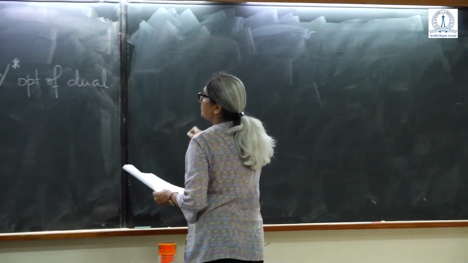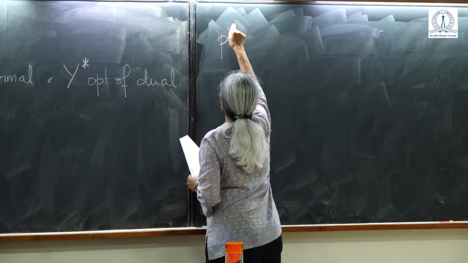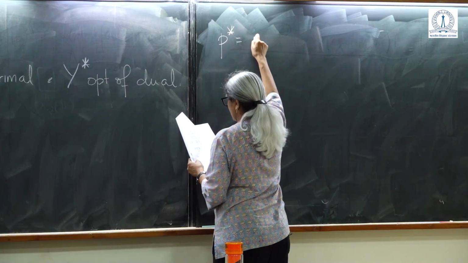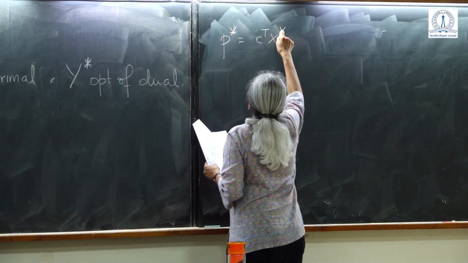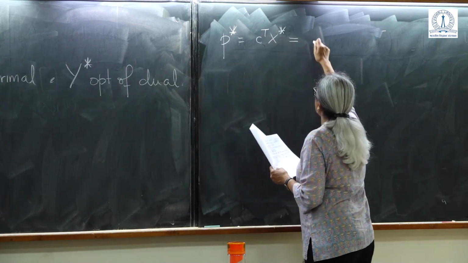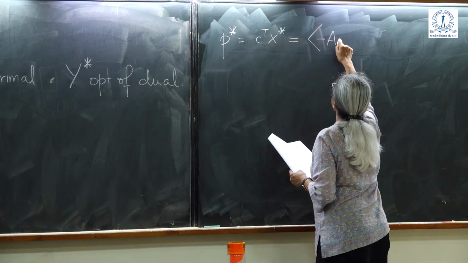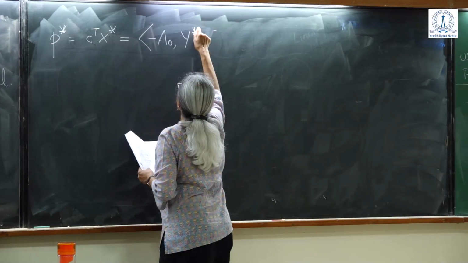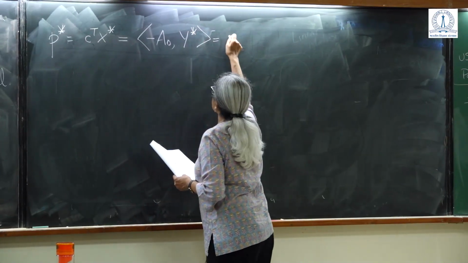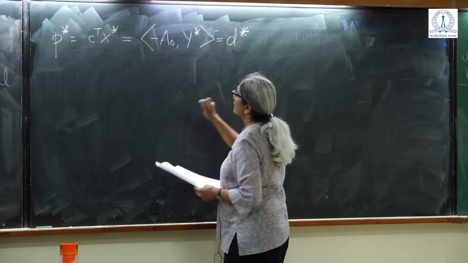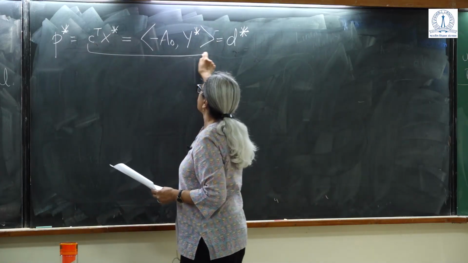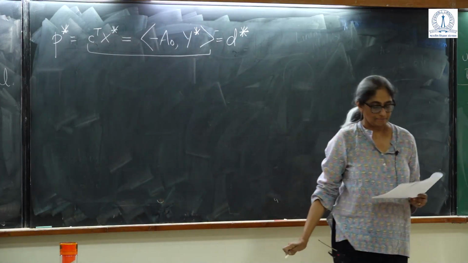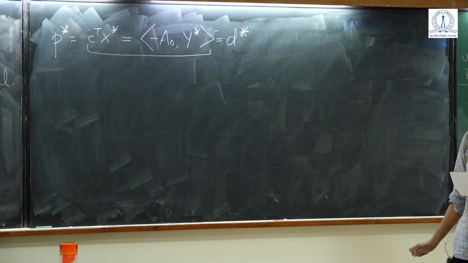So P star equal to D star means what? P star is equal to C transpose X star, and this is equal to D star, which is minus A naught inner product Y star. This is our assumption. By assumption we have that equality.